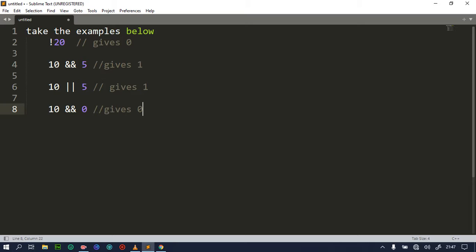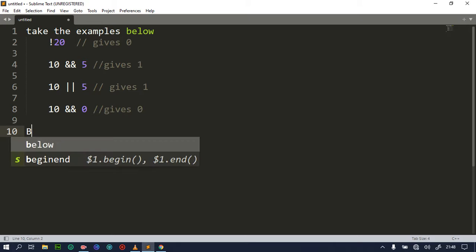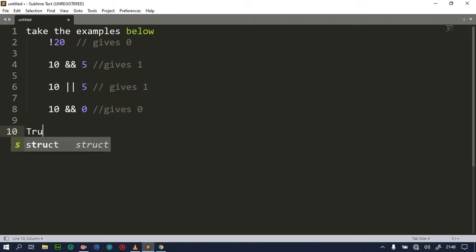So basically we are picking this concept from what we call Boolean logic. Now I know some of you are still confused about how this really operates, so maybe let's have a truth table. It's called a truth table.